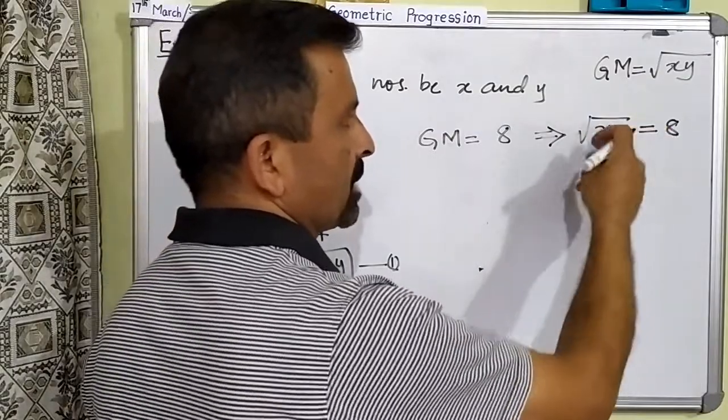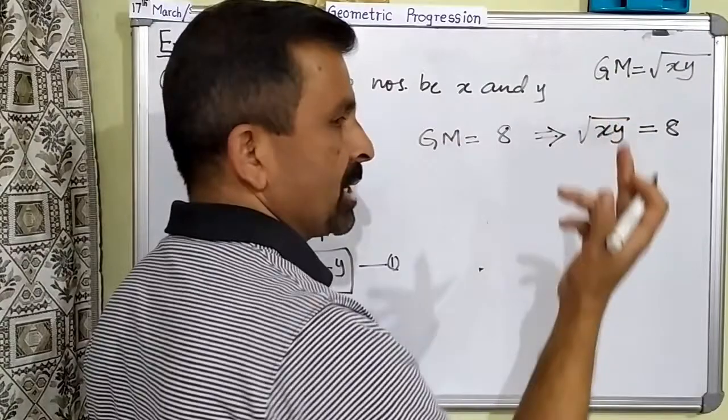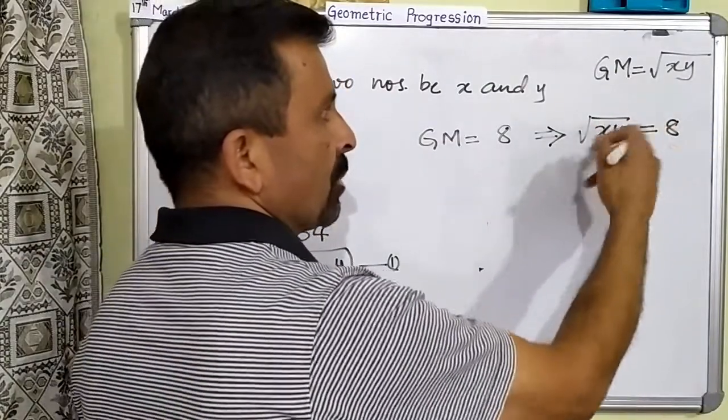After this, now we will simplify this. The problem is the root sign. To get rid of this root, we need to square on both the sides.